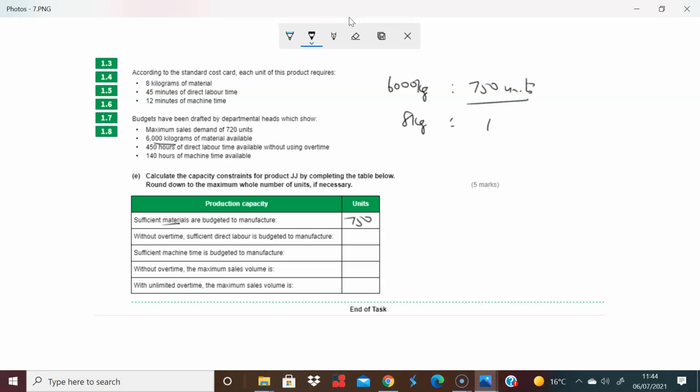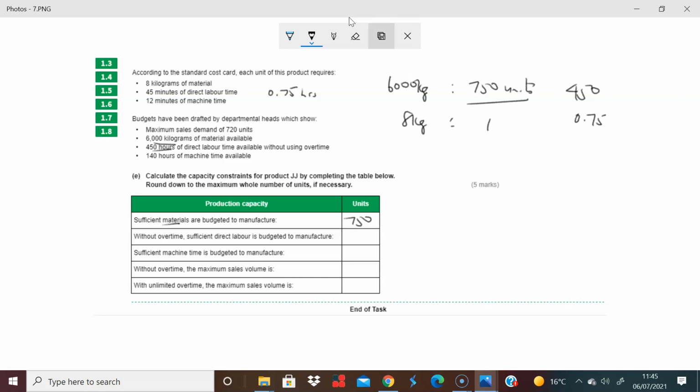Let's look at time. Without overtime, 45 minutes is 3/4 of an hour, so that's 0.75 hours. Without overtime, sufficient direct labor. So for labor here, we have 450 labor hours, and we need 0.75 to make 1 unit.